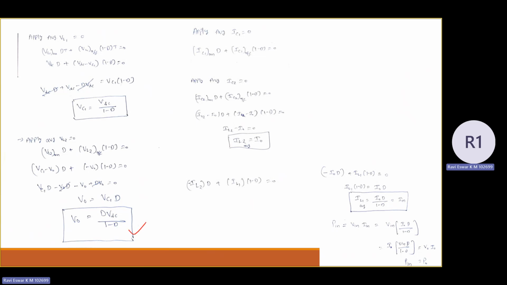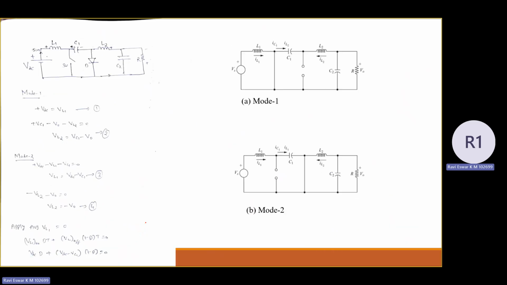So what is the main goal of this converter when you compare it with the buck-boost converter? It is trying to maintain continuous current at both the input side and the output side. If you take a particular application where the supply is a battery, maintaining continuous current to the battery is recommended.